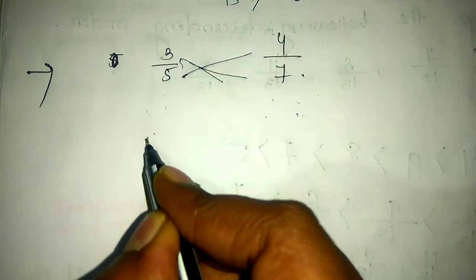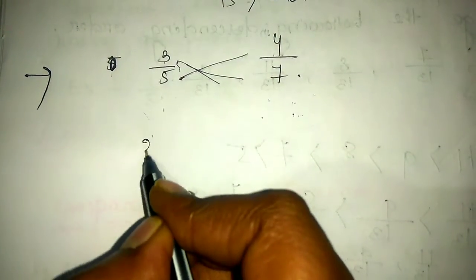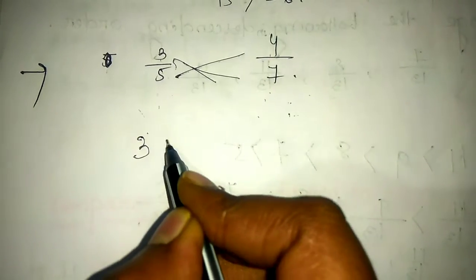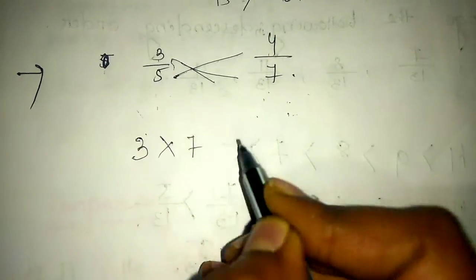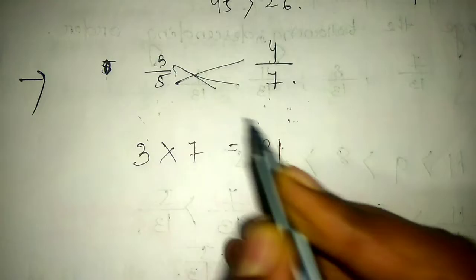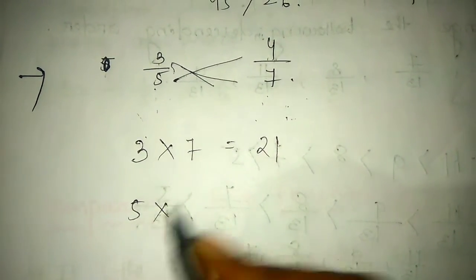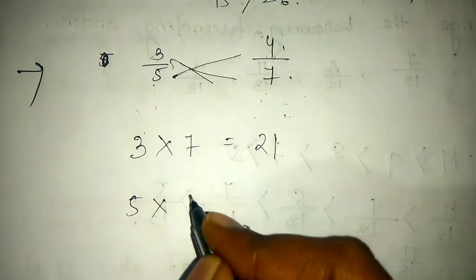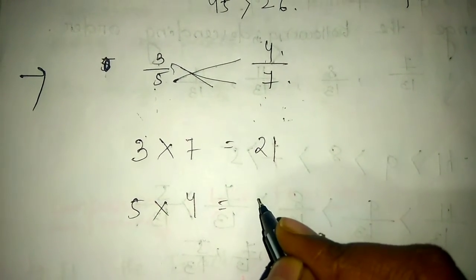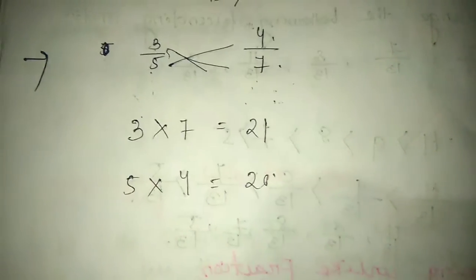That is, the first fraction's numerator 3 into the second fraction's denominator 7, that is 21. Then the first fraction's denominator 5 into the second fraction's numerator 4, that is 20.